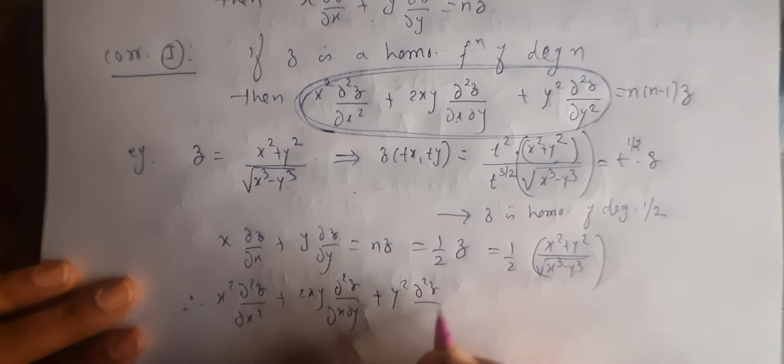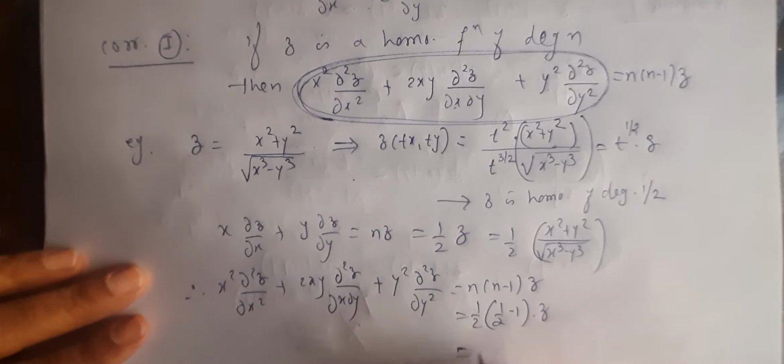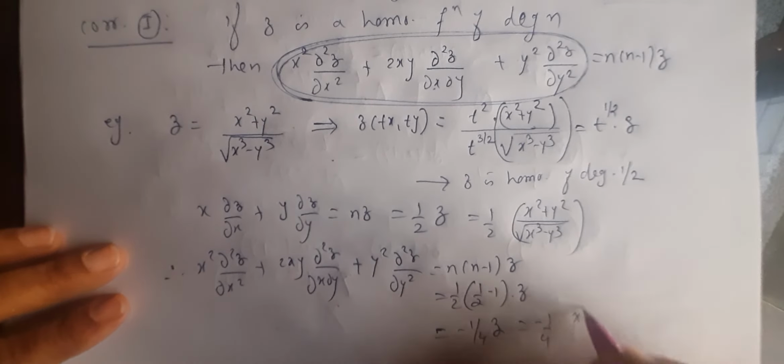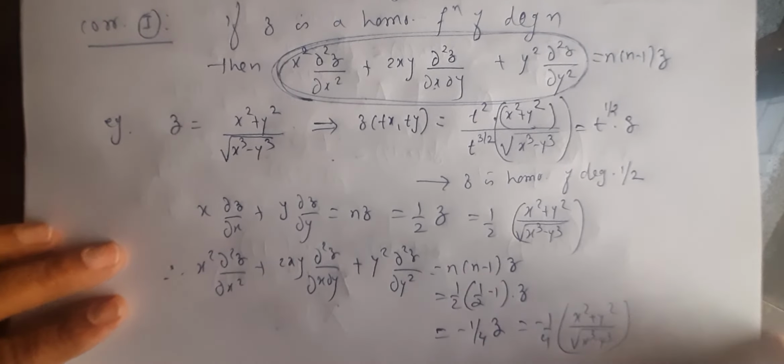In this case, our expression n into n minus 1 into z will be half into half minus 1 into z, and what we are going to get is minus 1 by 4 z, which is minus 1 by 4 into x square plus y square upon the root of x cube minus y cube.